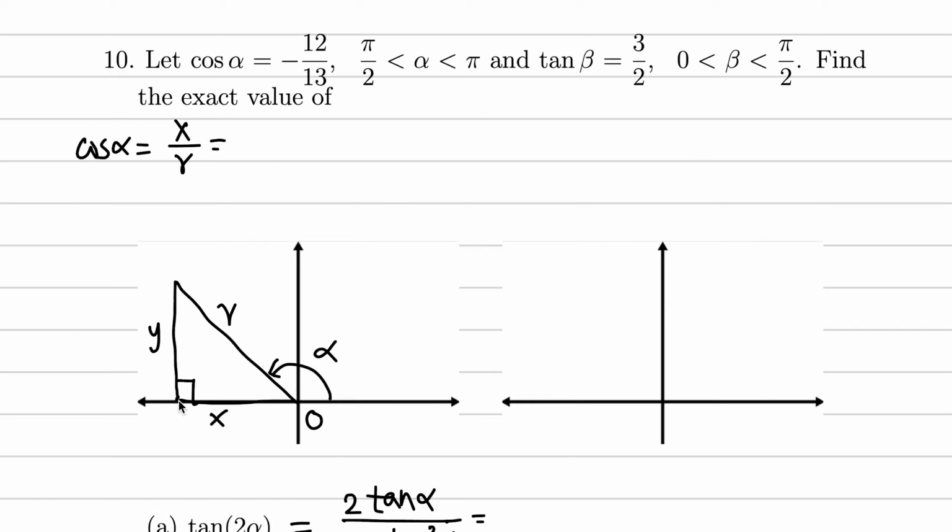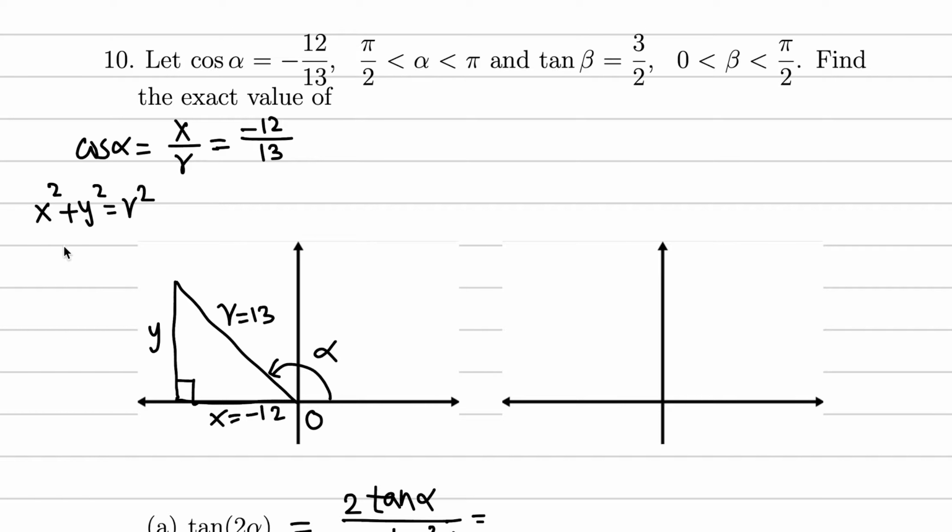And we know x is clearly negative in our case, so negative 12 over 13. So x over r, x is negative 12, r is 13. Now let's find y using the Pythagorean theorem. X squared plus y squared equals r squared.